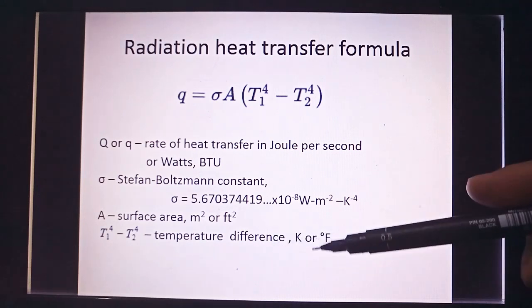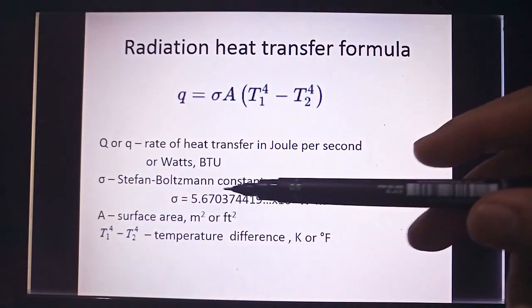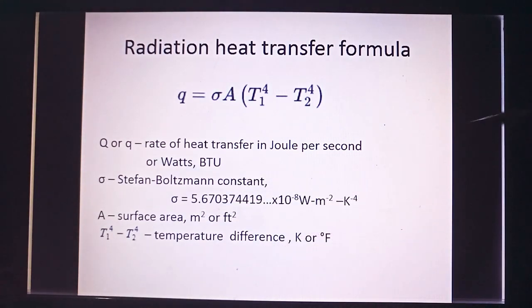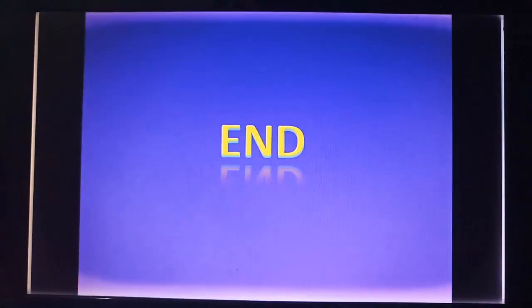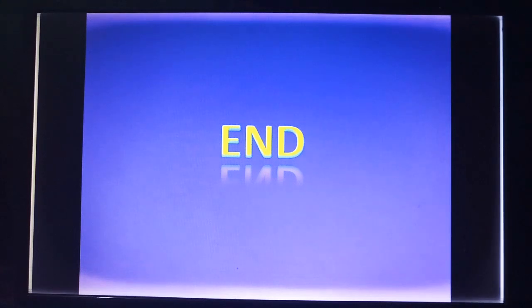In terms of temperature, that is in Kelvin, so T raised to 4 is equivalent to K raised to 4. So this is the formula. So that ends our discussion.